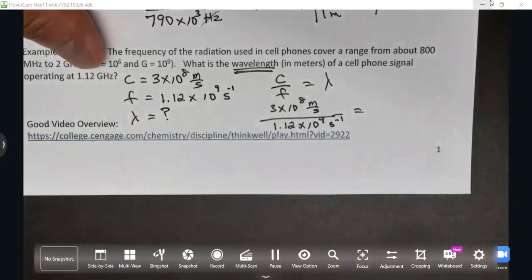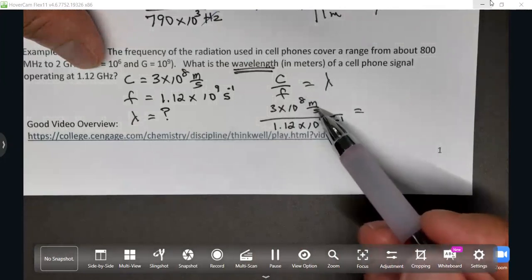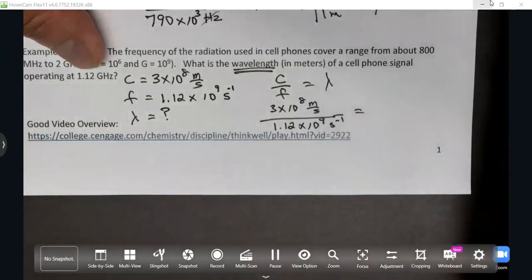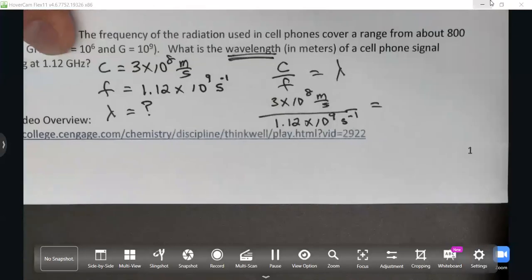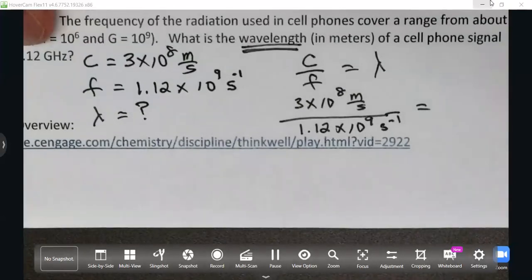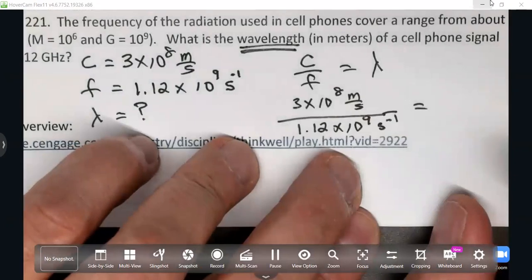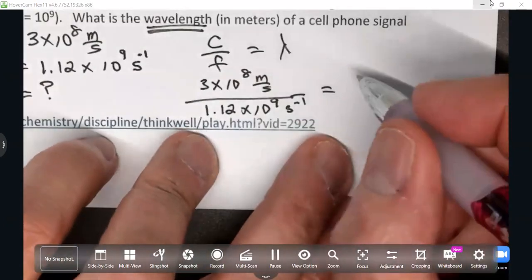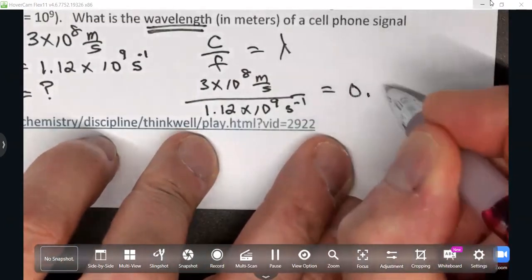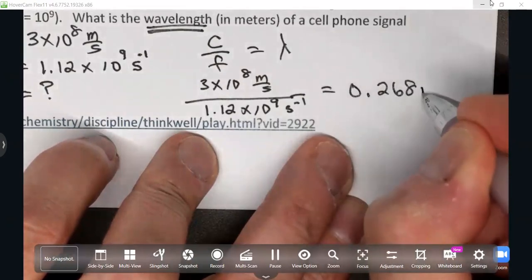You notice I should end up with a wavelength in meters, right? And I get 0.268 meters.